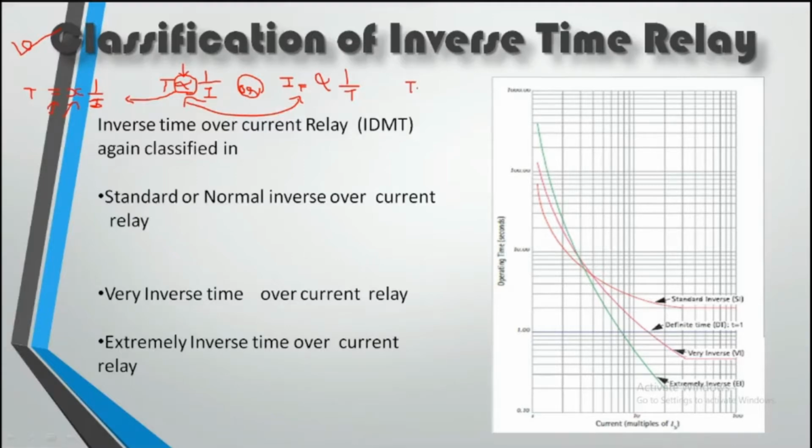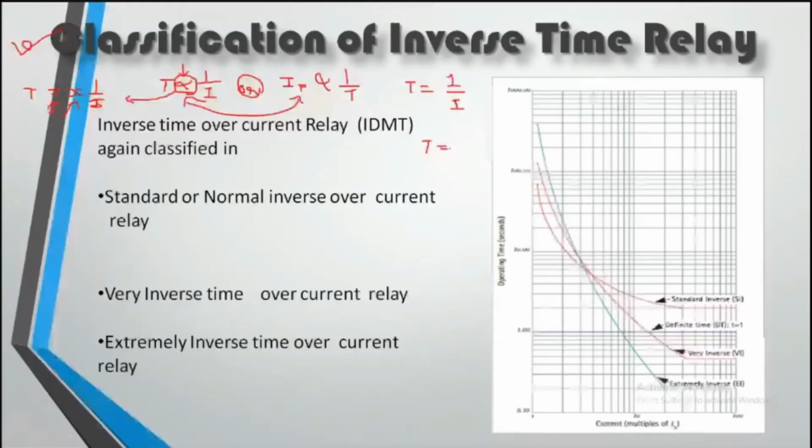For the first case, we are considering the value of x equal to 1, so we get T equals 1 divided by I. In the next case, we take the value of x equal to 2, and hence we get T equals 2 divided by I. Let's call this the time T and this the time T dash.